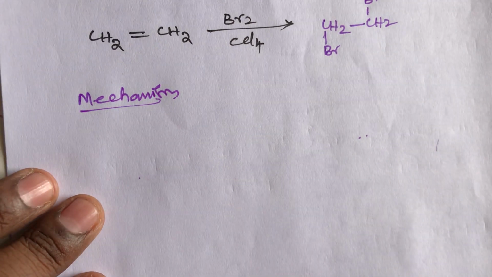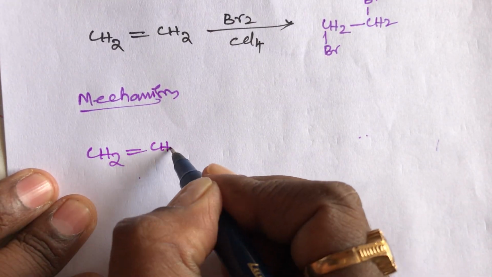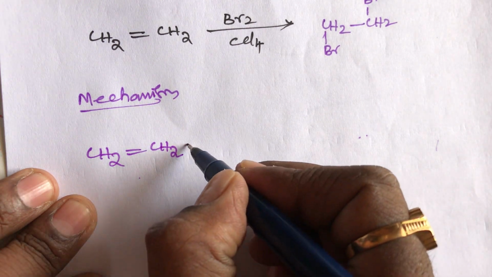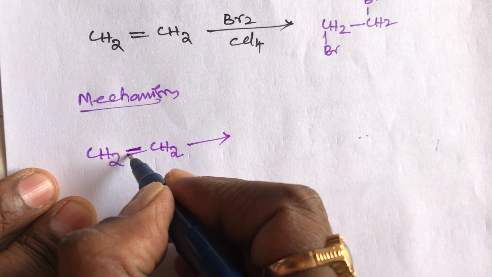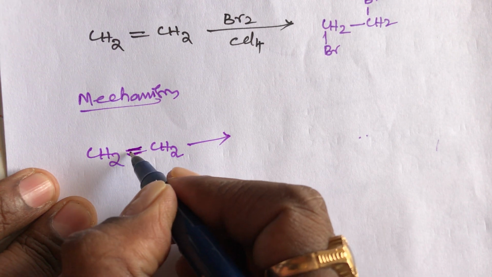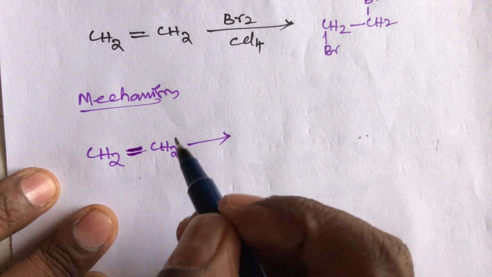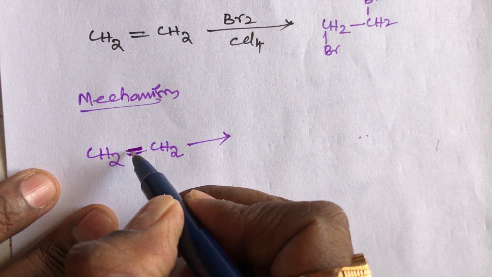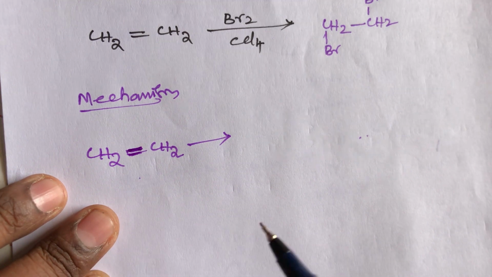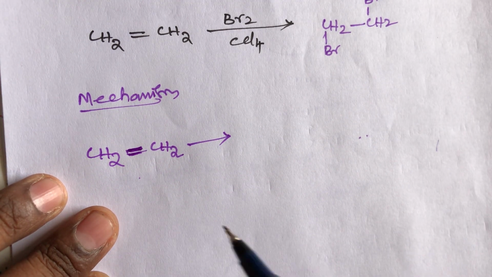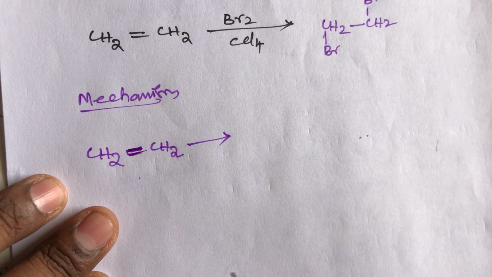Here we have CH2=CH2. In the first step, what happens, students? The double bond has one pi bond, and this pi bond is a weak bond, so the first step is bond breaking. These two electrons can shift to either side, left to right or right to left, as we wish.